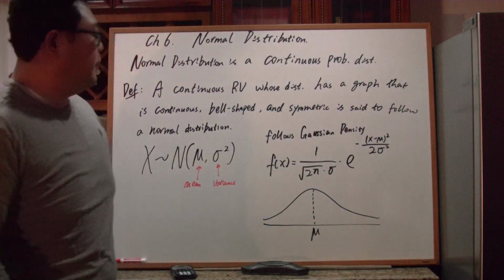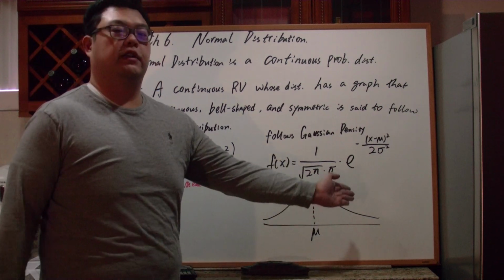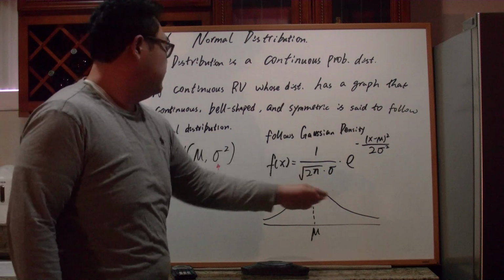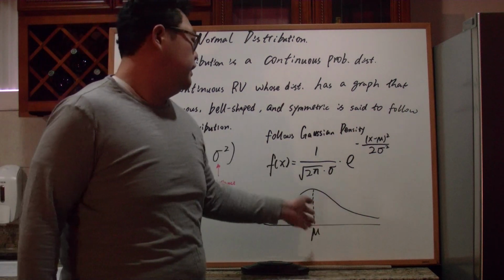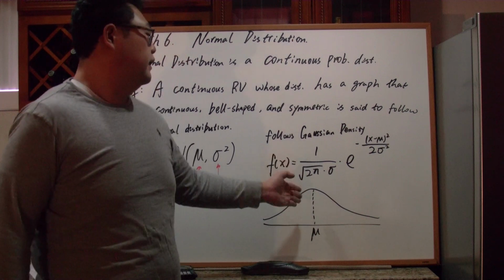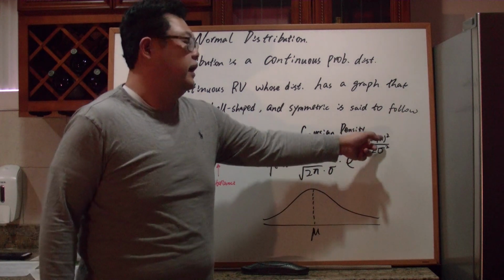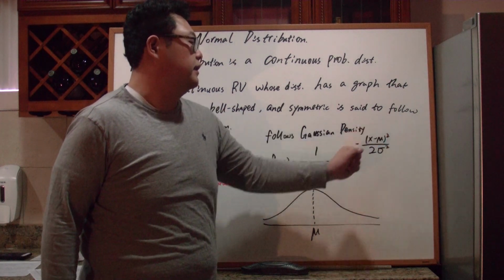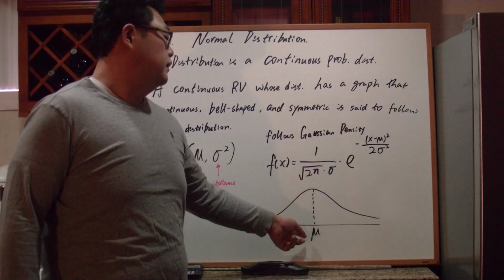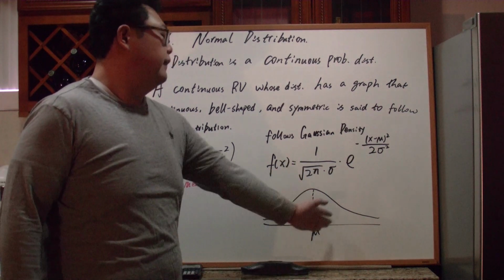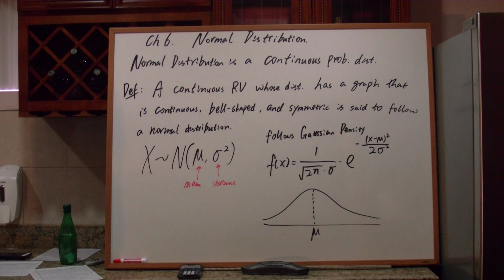It is continuous, bell-shaped with the mean in the middle, and symmetric. Bell-shaped, continuous, it never stops from negative infinity to infinity, which is the domain of the function, and it is an exponential function. The axis of symmetry will be the mean in the middle. So the mean is where it stays, and the left side and right side have the same shape and look the same.